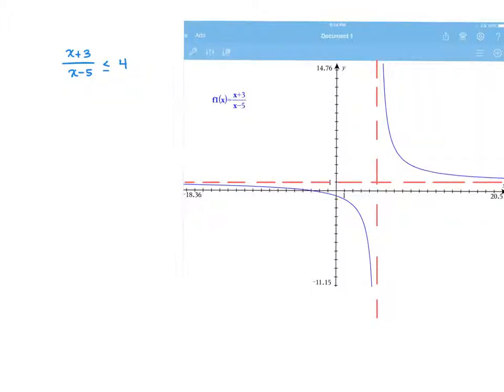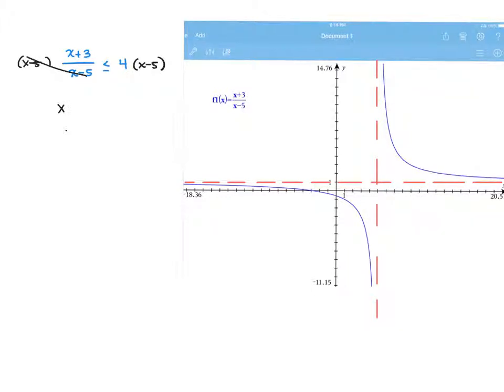So what I want to show you very quickly is that if I were to solve this like a rational equation and do the cross multiplying bit, let's take a look at what happens. If I were to solve this like normal and multiply both sides by x minus 5, what I want to point out is that by doing that, you are now getting rid of the rational expression.